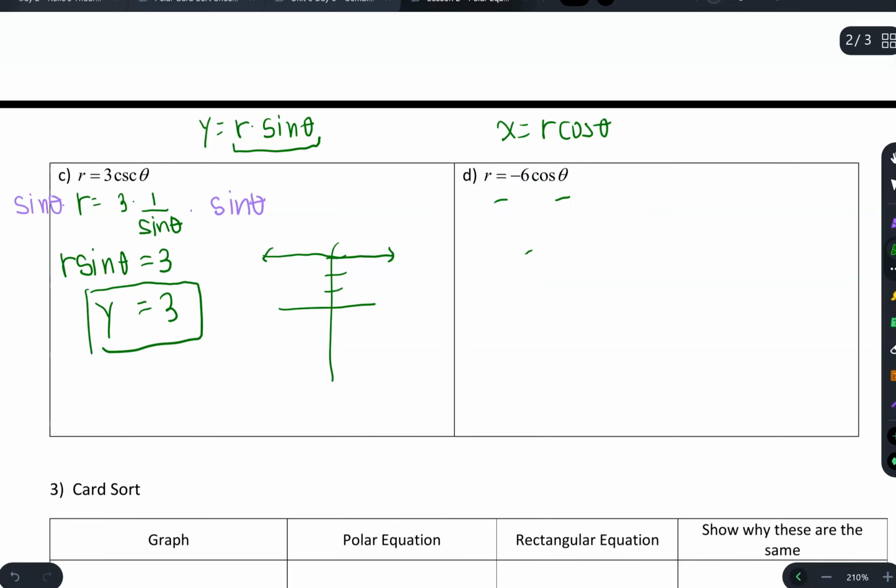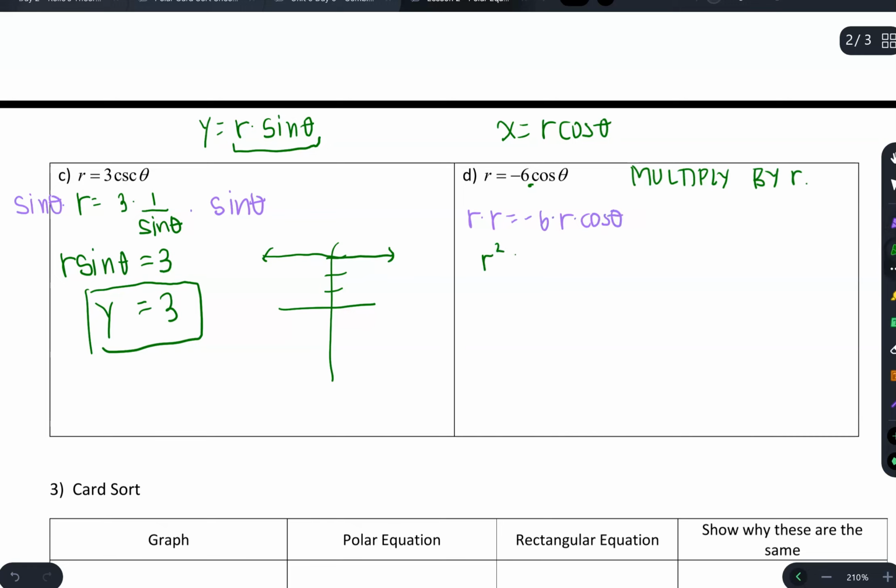So how could I get an r right here? What would I do to both sides? You could multiply both sides by r. Okay, so if you multiply both sides by r, you'll get r times r, and then negative 6 times r times cosine of theta. So what is r squared?